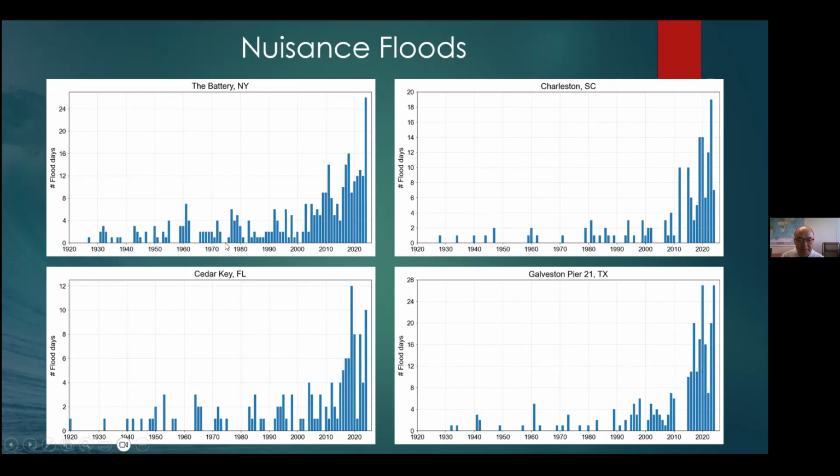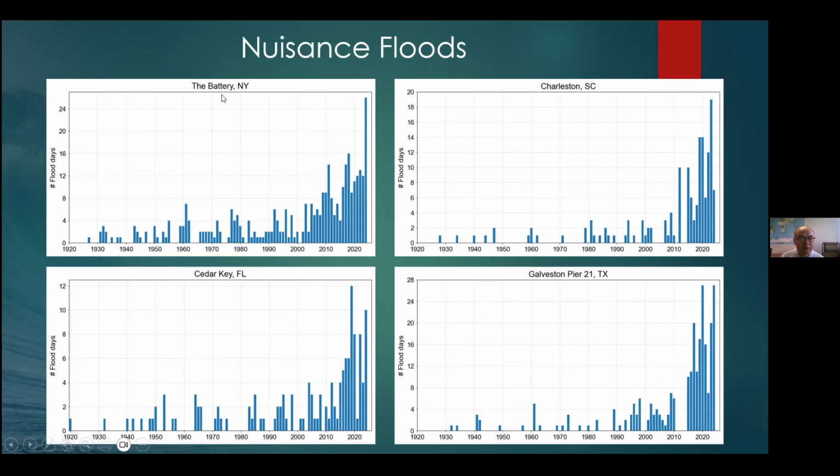So you see the flood days gradually increased before 2010. This is related to the long-term sea level rise. But after 2010, you can see a rapid increase of the flood days, right?